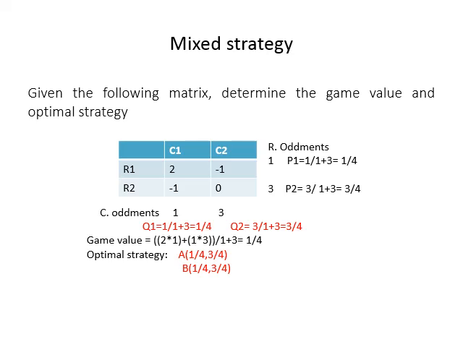Optimal strategy is 1 over 4, 3 over 4 for player A, and a quarter, 3 over 4 for player B. We will try also this to determine the optimal strategy.